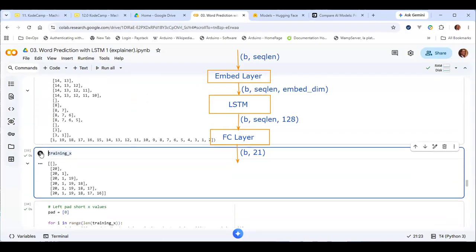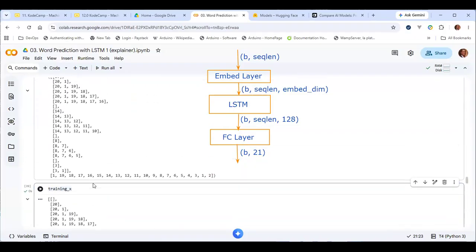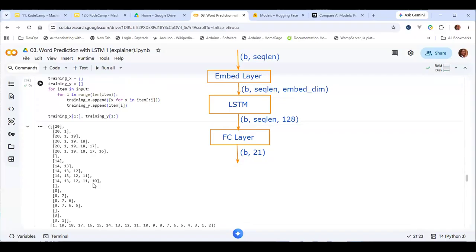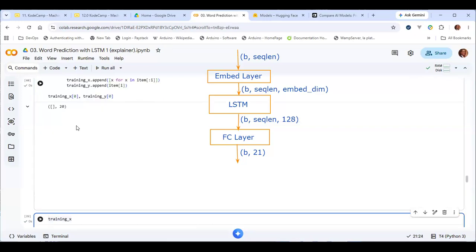So that is where this should be just training X0 and training Y0. Well, it doesn't really matter. It's all of it, right?